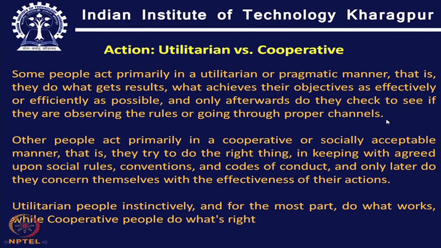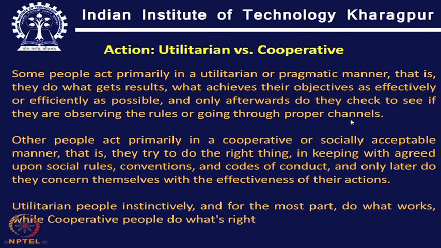So there are two distinct subject matters, one concrete and another abstract, when we talk of communication, which defines the temperament. While we are talking of ways of doing things, or ways of action, then again it can be classified into two types. One is the utilitarian type and the other is the cooperative type.